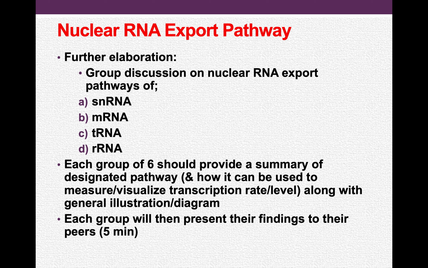Now each group, not of 6, because last time we had a large group, so each group of 4, around 5 people, because I think we have 2 extra people, should provide a summary of the designated pathway and how it can be used to measure or visualize transcription rate or level if you can find some information, along with a general illustration or diagram. That means you need to come up with your own diagram. No copy and paste from the internet directly.